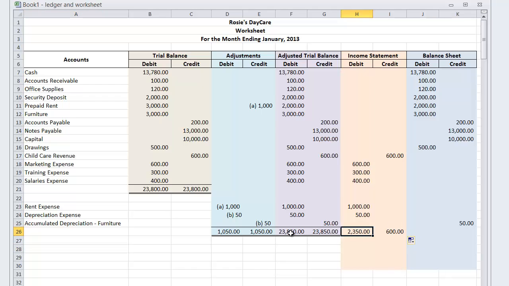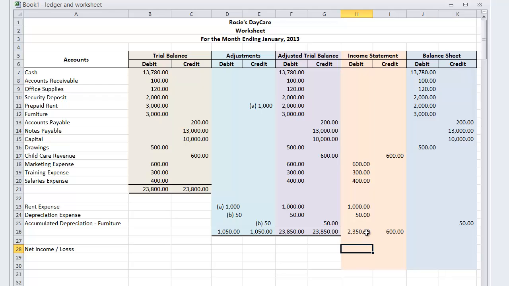So net income here, you probably heard this before, net income is either the profit or loss that the business had within an accounting period. So in this case, we had, remember, in the income statement, debits are expenses, revenues are income.